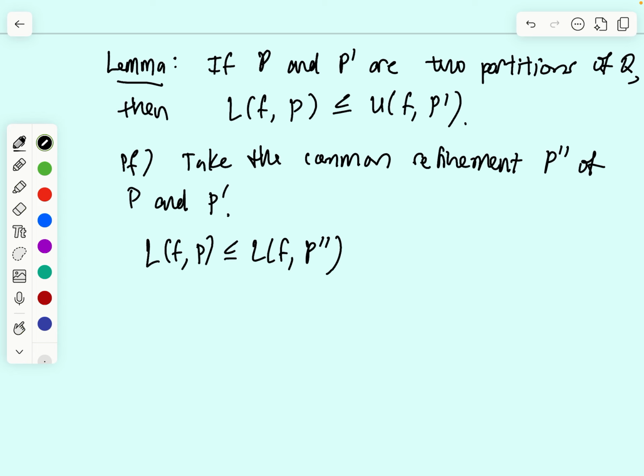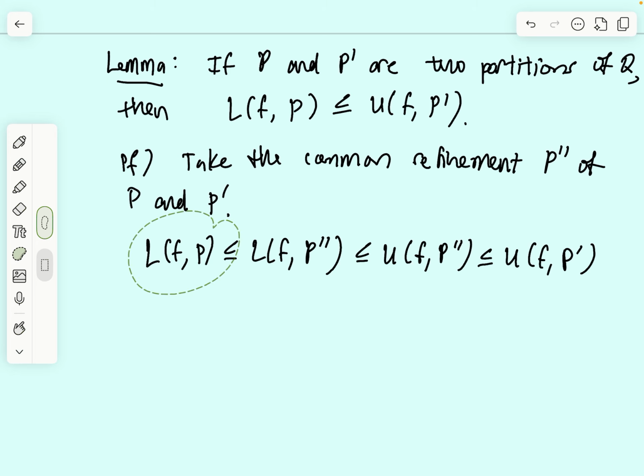That's what we said before. And since P double prime is a partition of Q, that's less than or equal to the upper sum of f associated with P double prime, and that's less than or equal to the upper sum associated with P prime by the lemma that we saw before. And so therefore we see that this lower sum is in fact less than or equal to the upper sum.